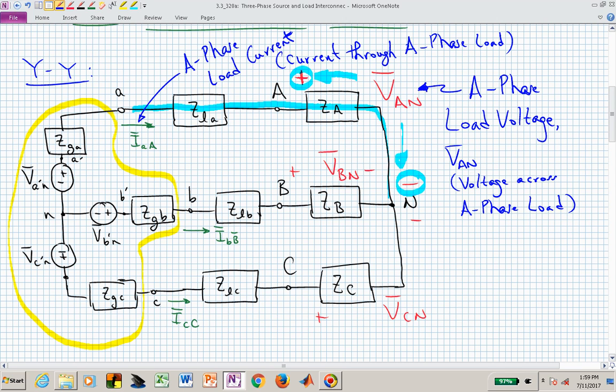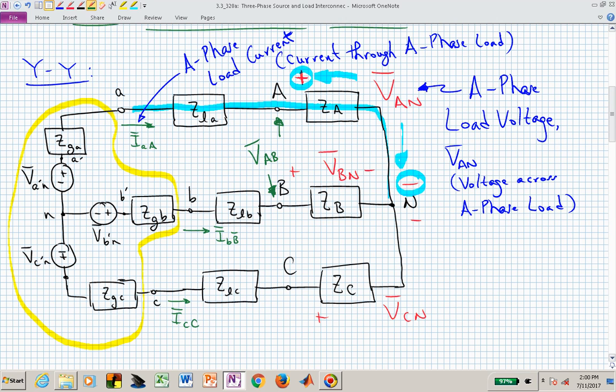And that is going to be different from the voltage that actually exists between this terminal and that terminal, capital B. So the voltage dropped across terminal capital A to capital B is V sub AB, and that's not the same as the A phase load voltage in this particular configuration. And we'll have to be making these kinds of distinctions as we work through these different interconnection patterns.